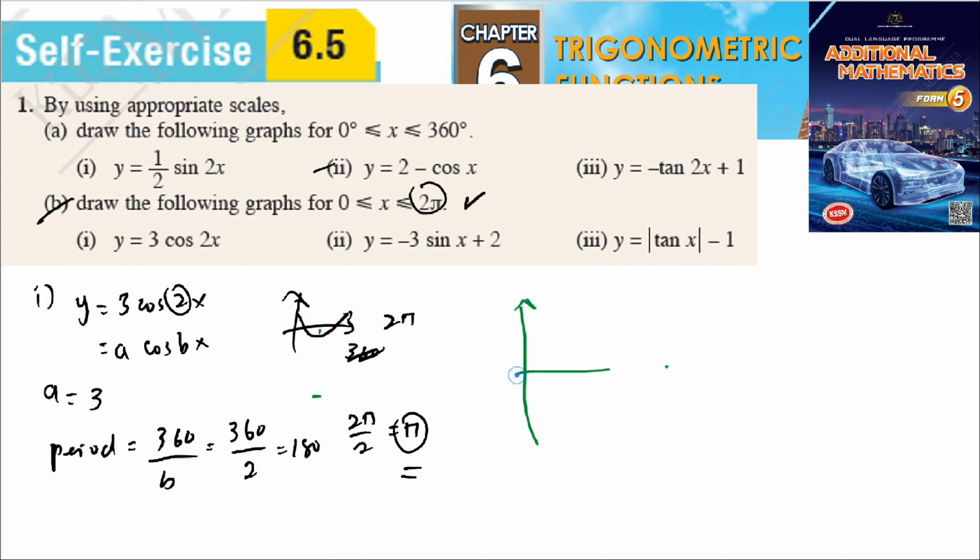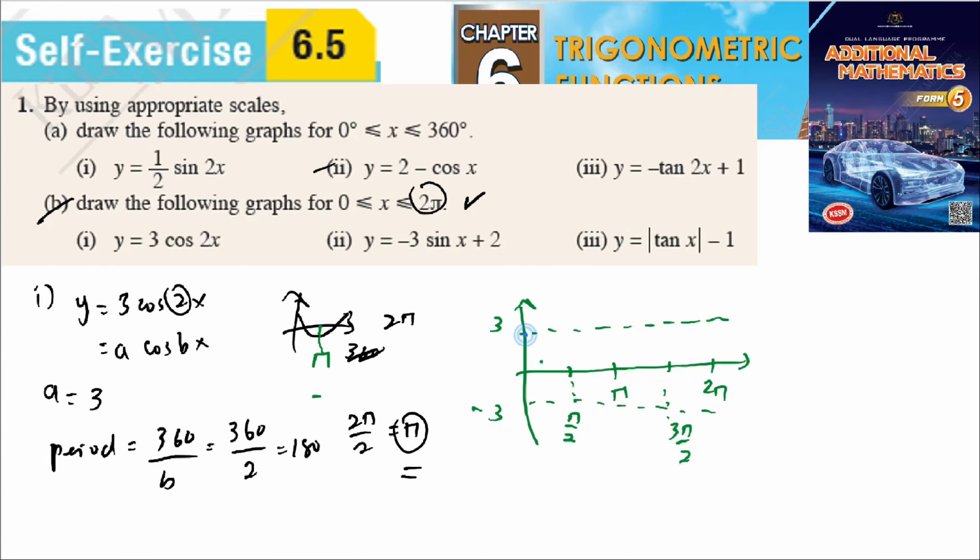So if you have this one is pi, this one is 2 pi. The midpoint of the original one is pi, so this one becomes half of it. We know the amplitude is 3, negative 3. So this one is pi over 2, and this one is 3 pi over 2.